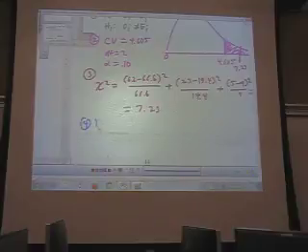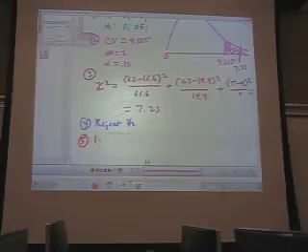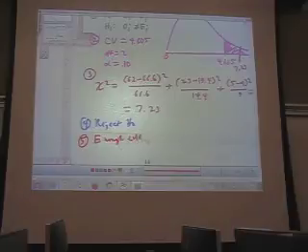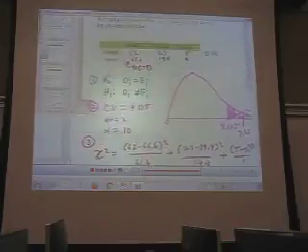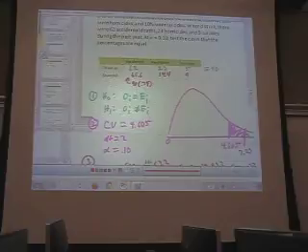So there's enough evidence to reject the claim. Your claim is that they're the same, right?